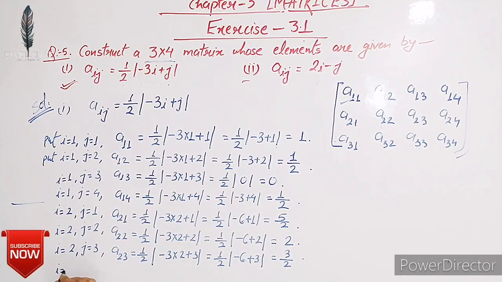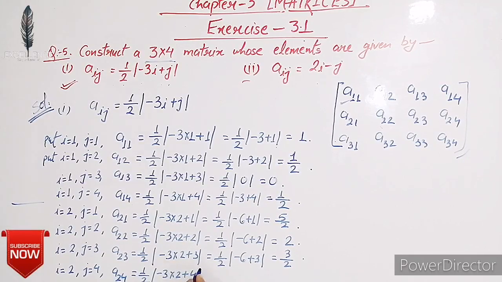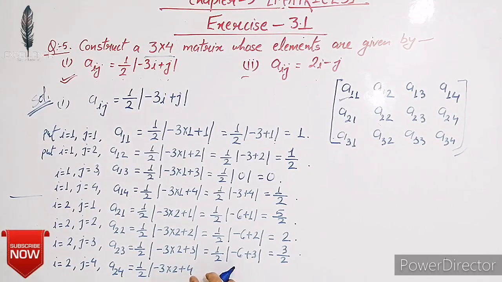Second row का लास्ट एलिमेंट क्या होगा हमारा, i equals 2 and j equals 4, that is A24. Last element in second row is equals to 1 by 2 minus 3 into 2 plus 4 is equals to 1 upon 2 minus 6 plus 4, that is equals to minus 6 plus 4 is equals to 2 by 2 equals to 1.